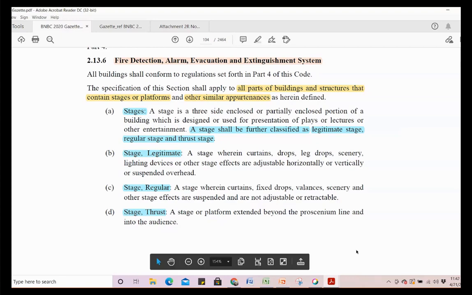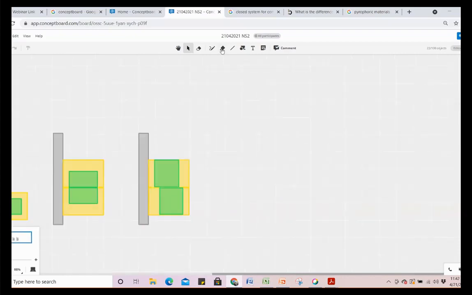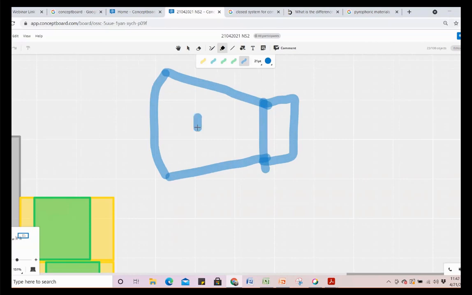So a thrust stage is basically a stage that, as you can see, usually there is in an auditorium situation. I'm just drawing a very schematic drawing of a situation here. So this is the audience area, this is the performance area. The stage is mainly for performance. So a thrust stage is something which comes out past the proscenium line.